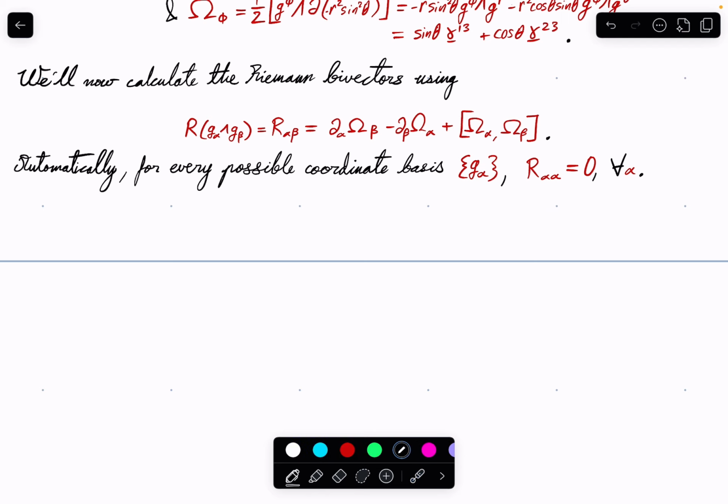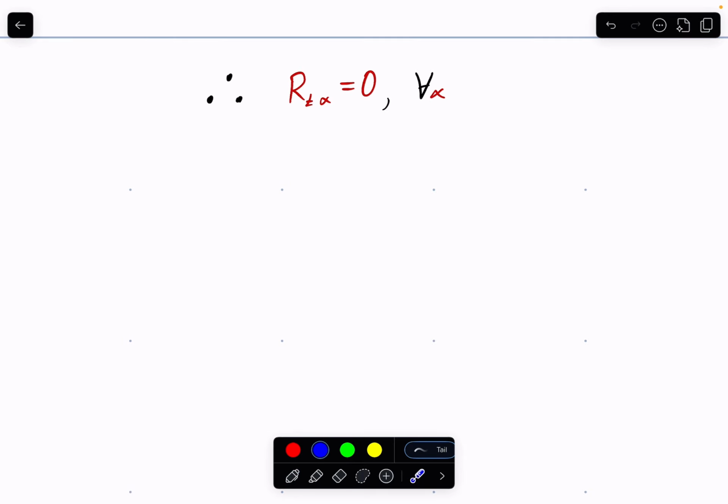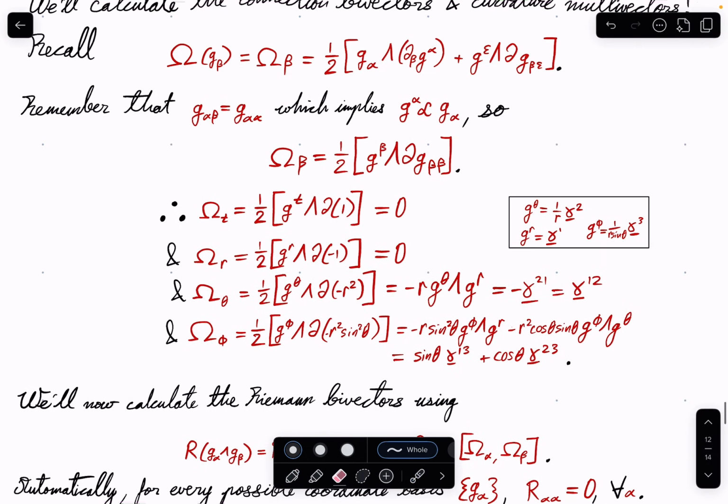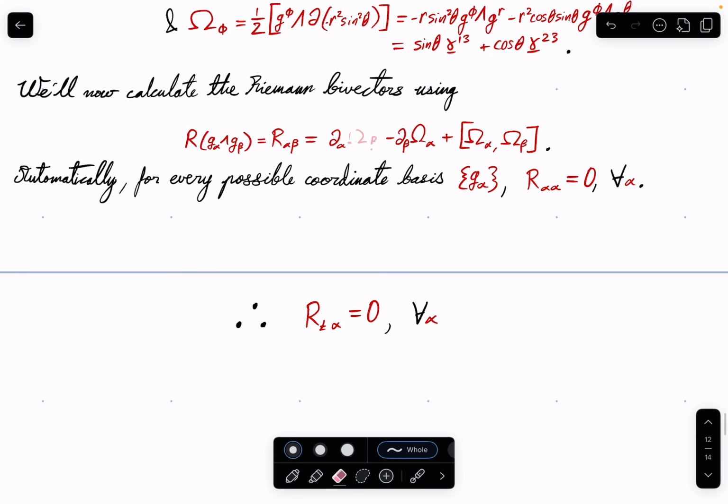So let's now calculate the Riemann bivectors. Therefore, we just know automatically that R t alpha equals 0 for all alpha, and we know that every connection bivector doesn't depend on time.